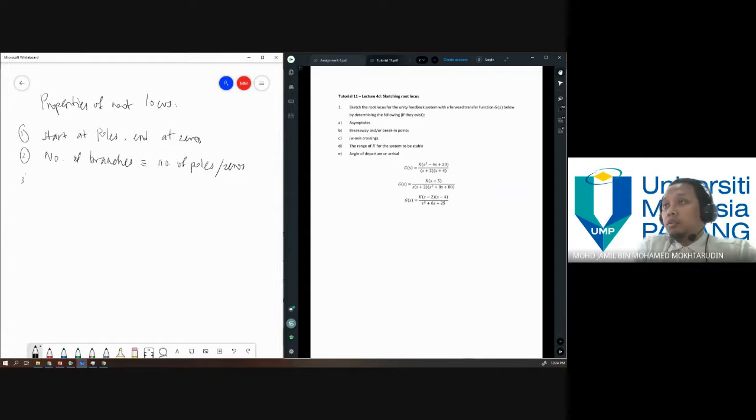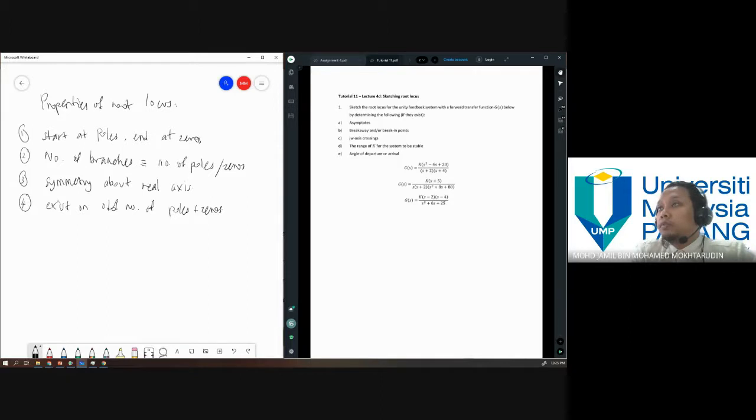And then third one is symmetry about the real axis. And then number four is axis on odd number of poles or zeros.